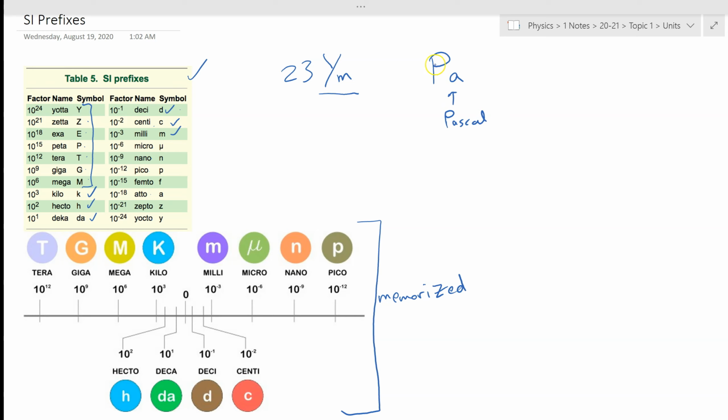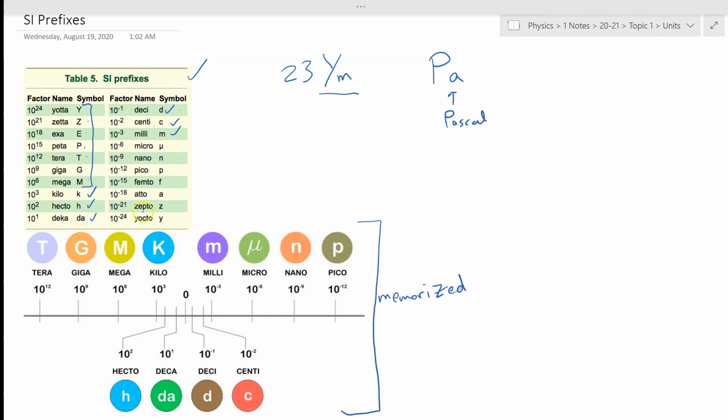It's 2 letters. The first one is capital. But if you look at the SI prefix chart, there is a capital P. So that can get pretty confusing, and I'm aware of that. A is not a unit that I know of at the moment, so it's not a peta A, whatever that is. This is Pascal.